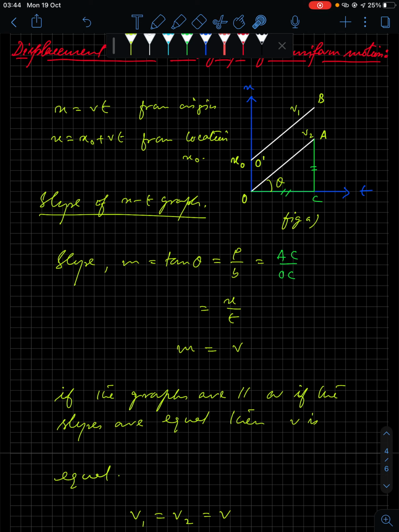At time t equal to 0, car A started moving, and car B also started moving at time t equal to 0, but from a different position. Say it is ahead of A by some distance x naught.